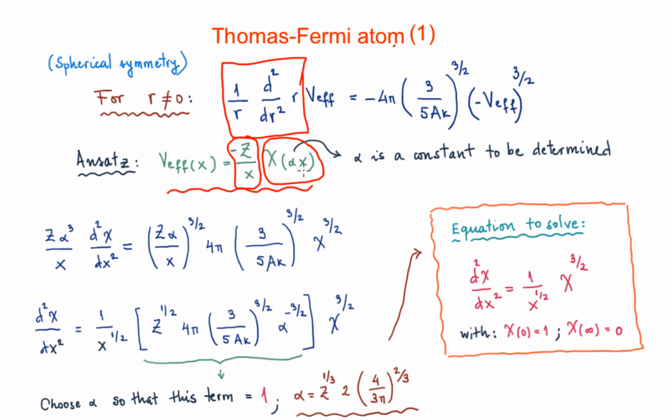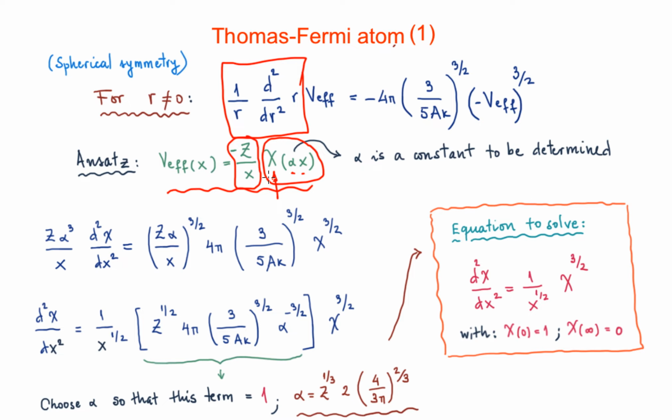Actually, alpha could be anything, because all the uncertainty, what we do not know about the effective potential, is going to be included in this t function that has to be determined. So this t function will depend on alpha, which is a constant that we are going to specify later in order for the equation to look nicer, times x.